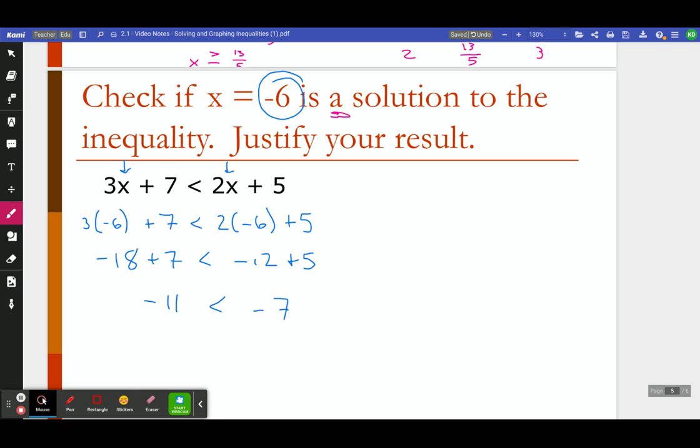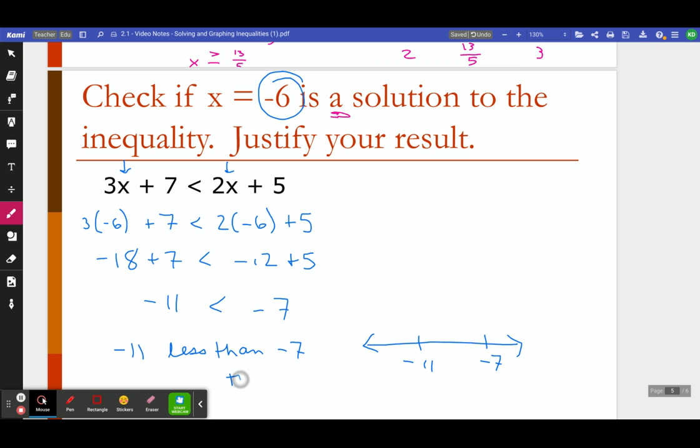So when we're checking an equation, we're checking to make sure that it's the same number on both sides. But here we're not checking that they're the same because equals means same. Here I'm reading is negative 11 less than negative 7, right? So if I think of these on a number line, here's negative 7. Here's negative 11, right? Negative 11 is, in fact, less than negative 7.